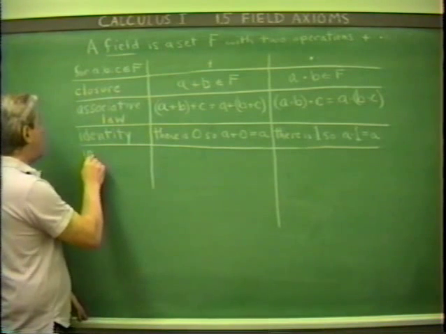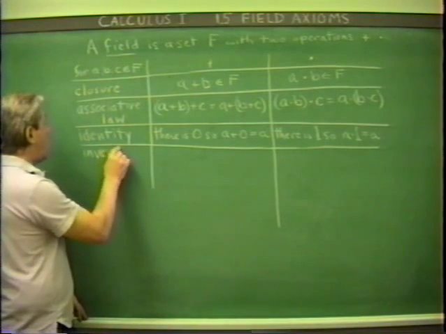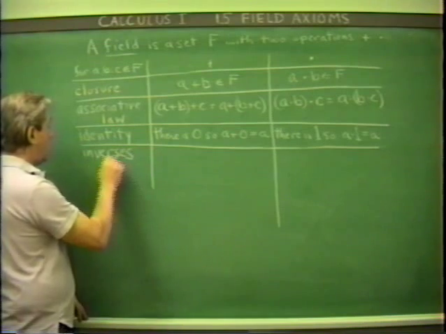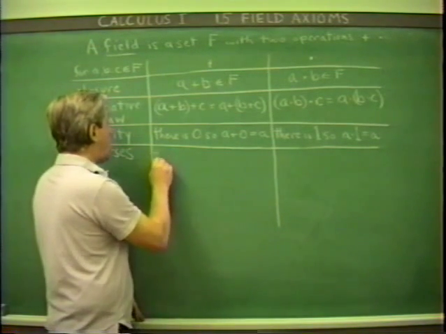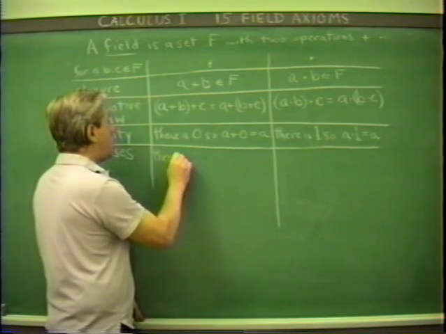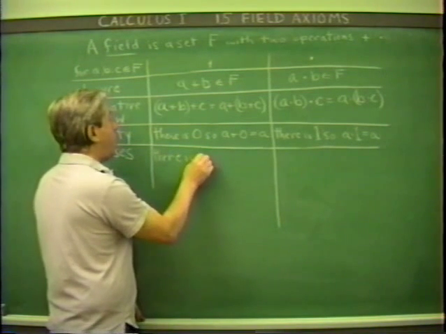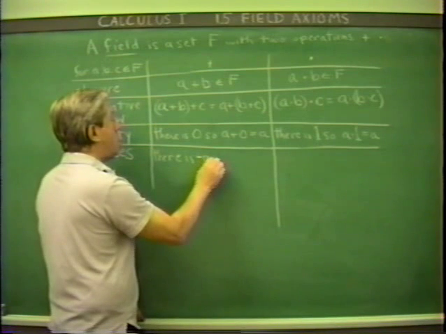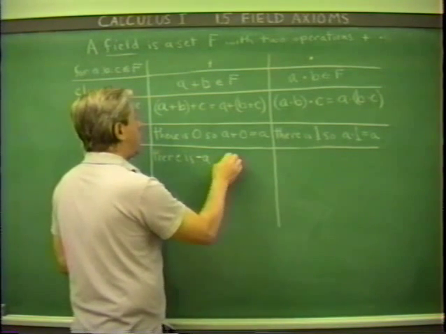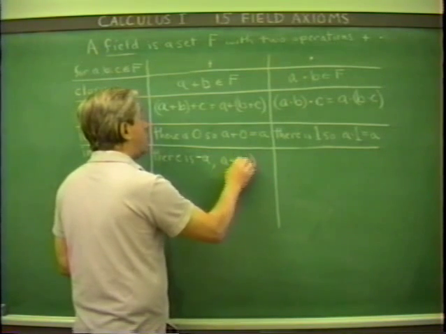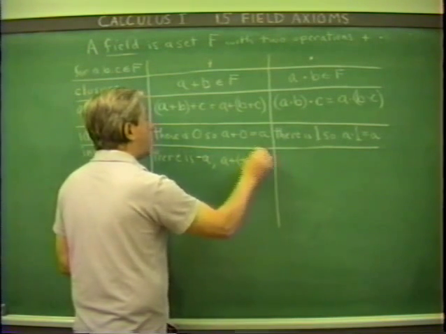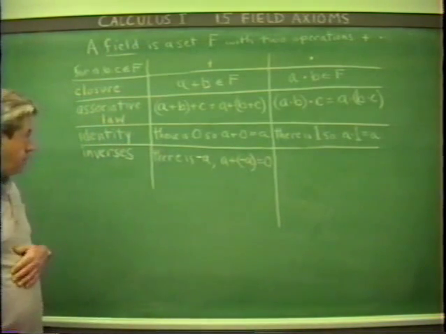All right. Now, defined in terms of the identity elements are inverses. For each A, there is a negative A, so that A plus negative A is the 0 element.